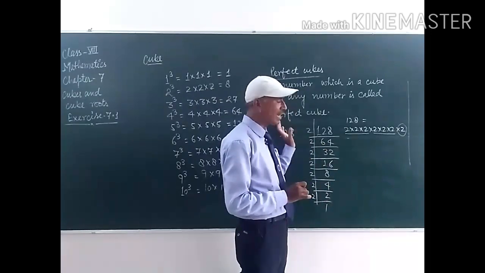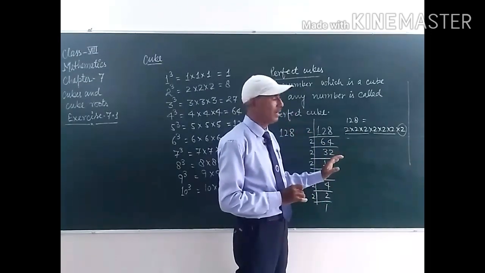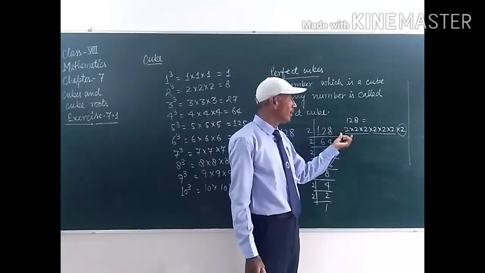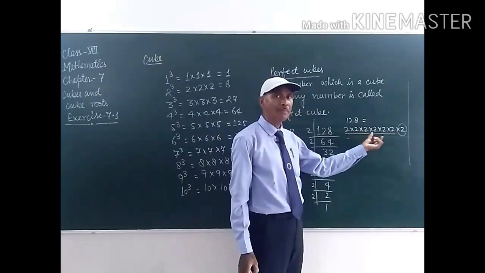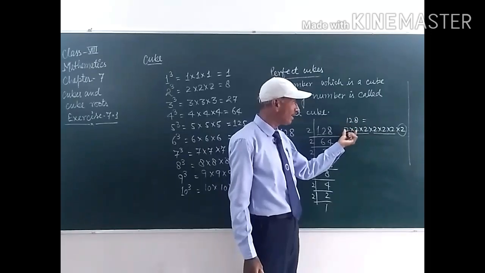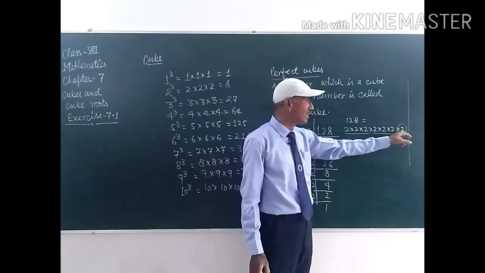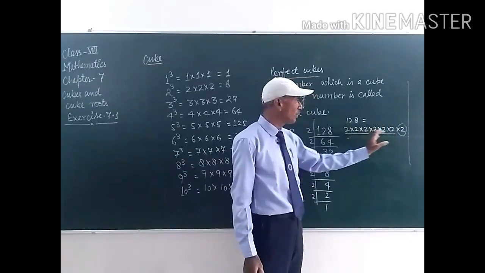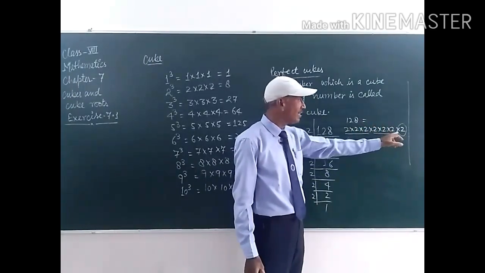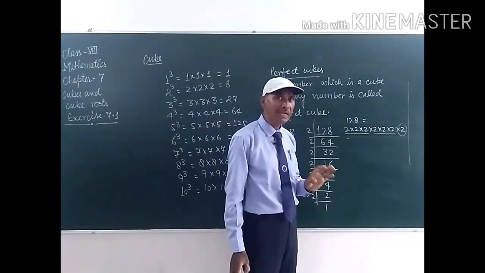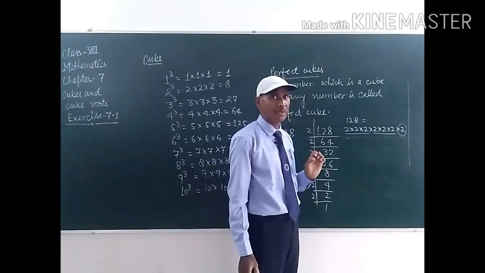So this number is not a perfect cube number. If the given number is a perfect cube, then the groups of 3 will be completed student. But in this number, the group of 3 is not completed here because 2 is left here. So there are only 2 groups and this number is left. Therefore this 128 is not a perfect cube number student.